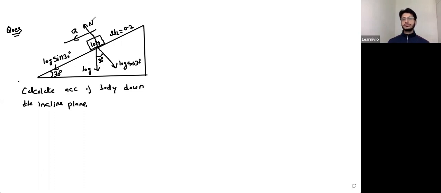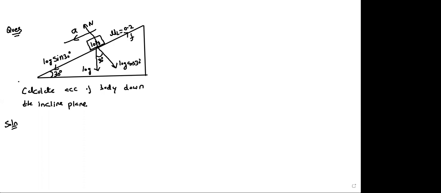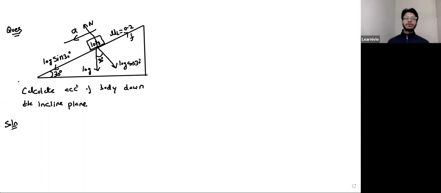This is the normal reaction. The tendency of the body is to slide downwards, so friction will act in upwards direction. Now, since coefficient of kinetic friction is not given, you can assume that coefficient of limiting friction is equal to coefficient of kinetic friction, which is 0.2.